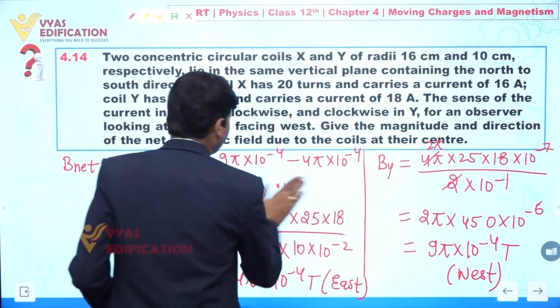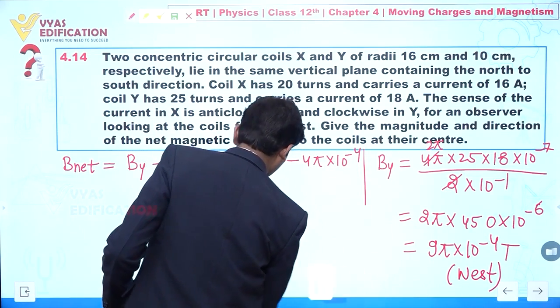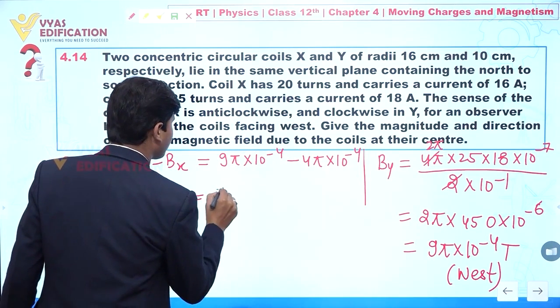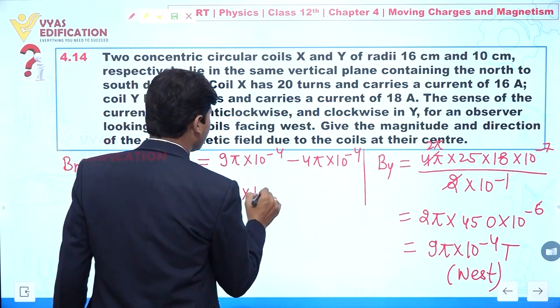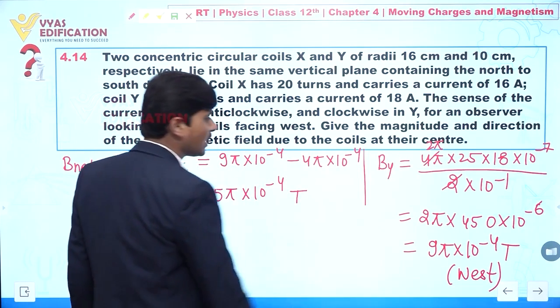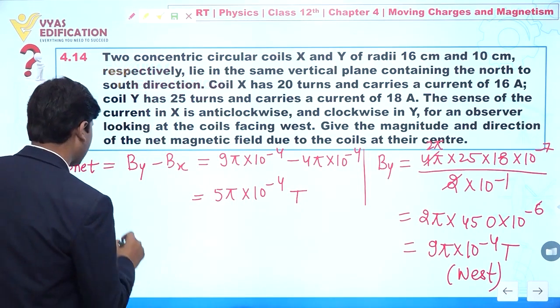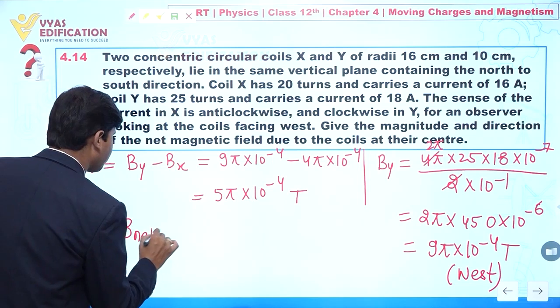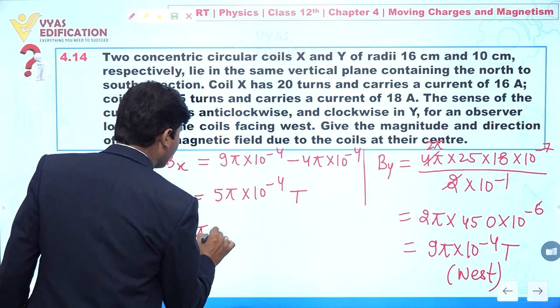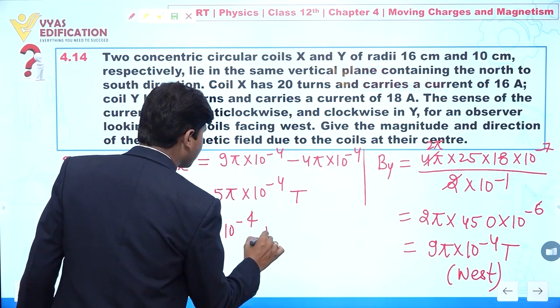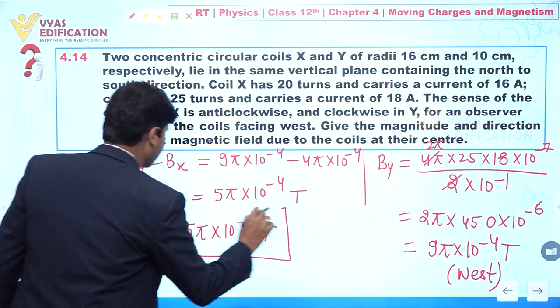So this is equal to 5 pi into 10 to the power minus 4 Tesla. So the value of B net is 5 pi into 10 to the power minus 4 Tesla. Clear to everyone?